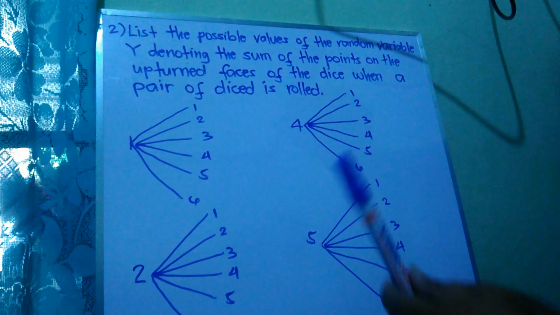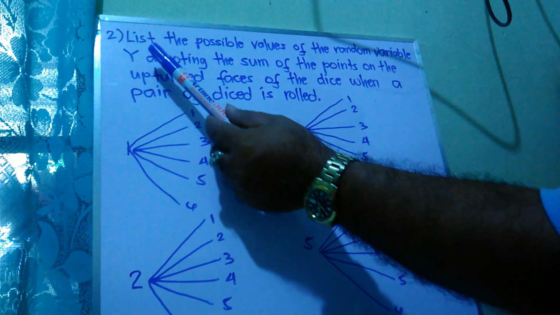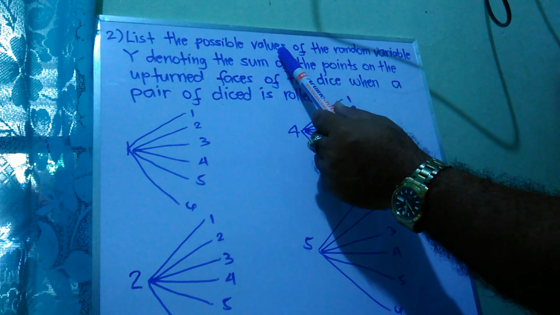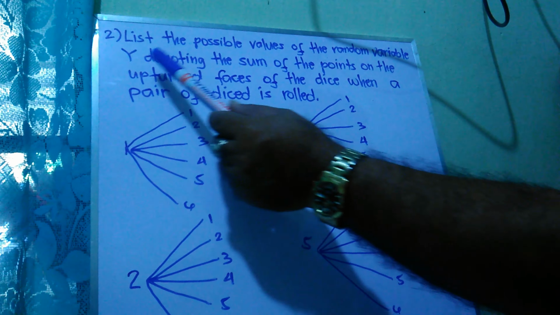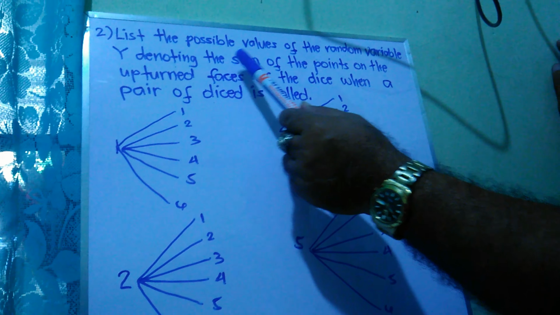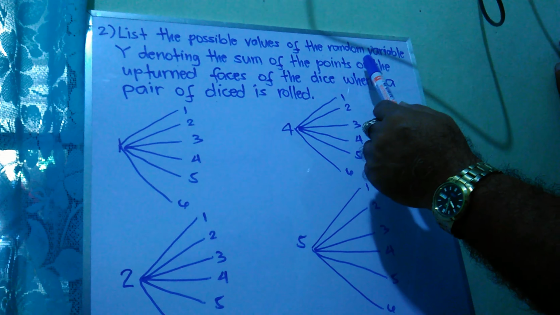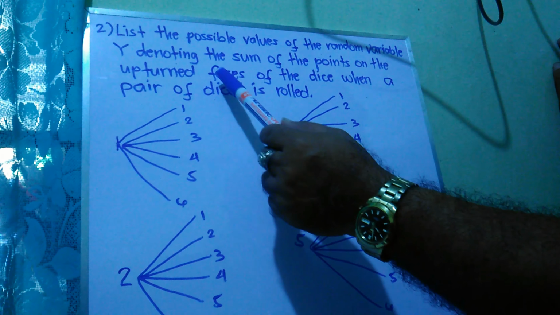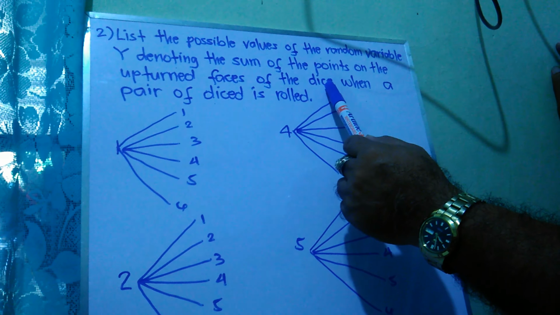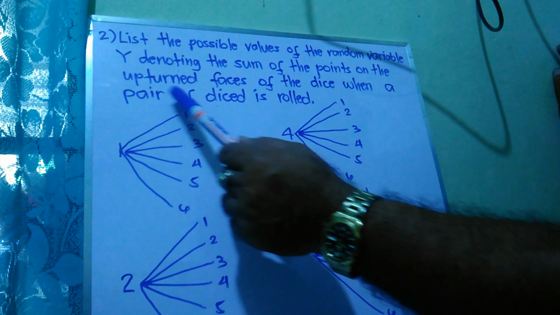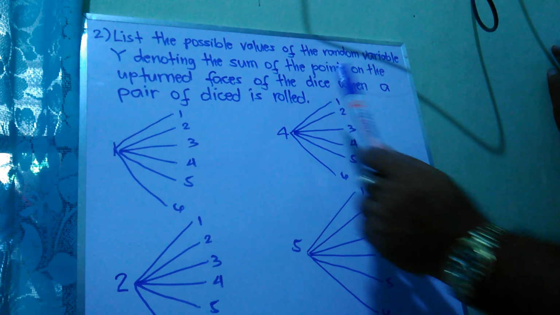Okay, then we have example number 2. List the possible values of the random variable Y, denoting the sum of the points of the upturned faces of the dice when a pair of dice is rolled.